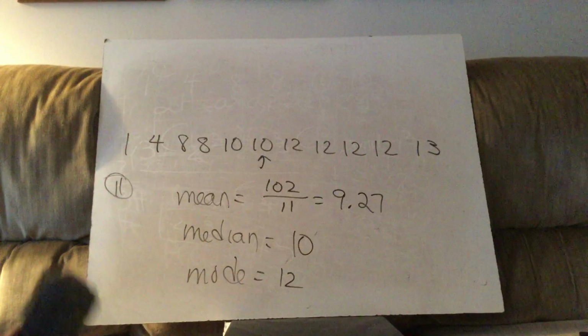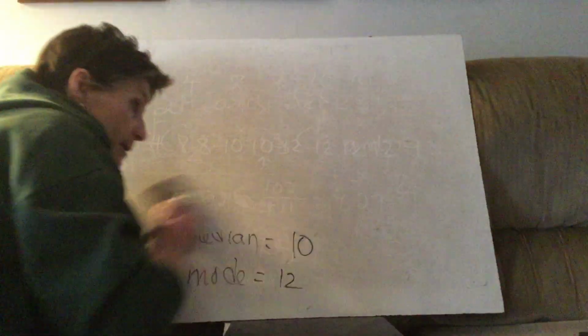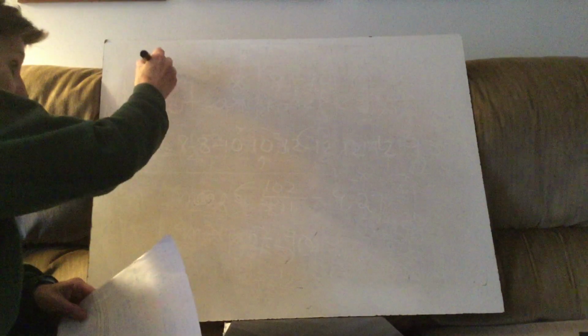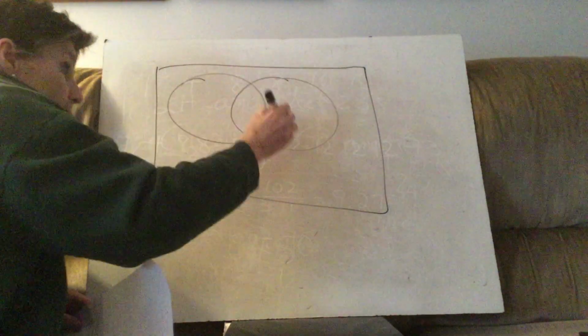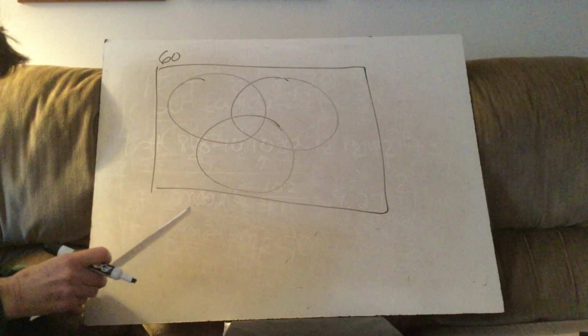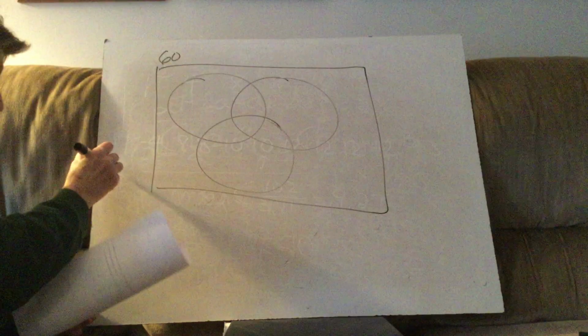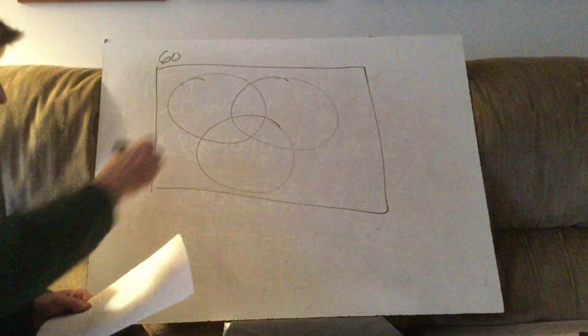Okay, and then finally we have a big Venn diagram. So we've got 60 kids in the group, and 28 of them, excuse me, have A's.